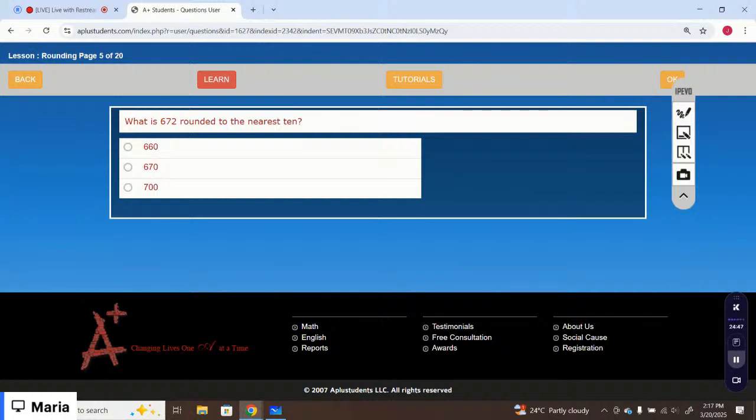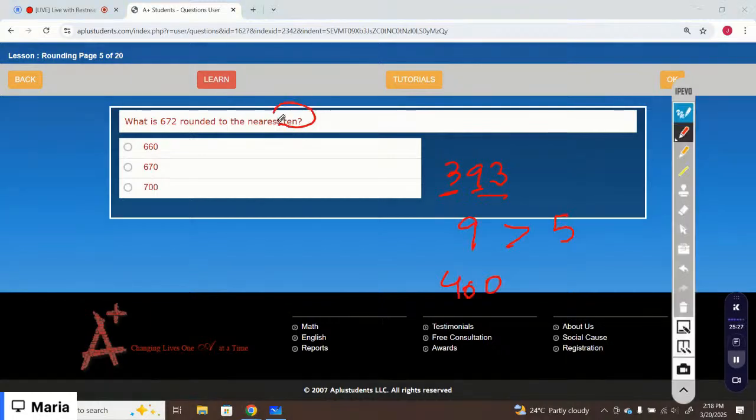What is 672 rounded to the nearest 10? 672 is rounded off to... No, that's not 700. We need to round to the nearest 10.